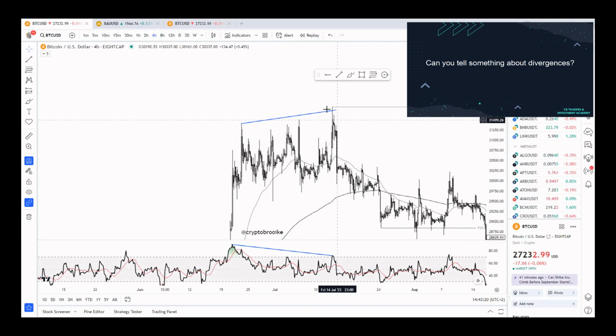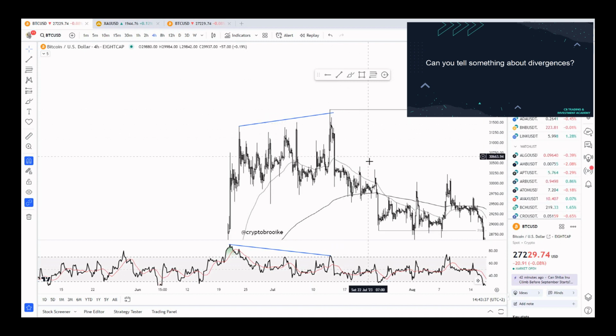So buyers are getting exhausted, and usually when that happens, when a bearish divergence starts to arise, you will see a downtrend, or at least price coming down for a fair bit.